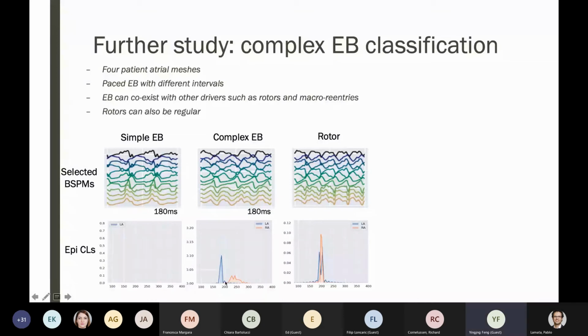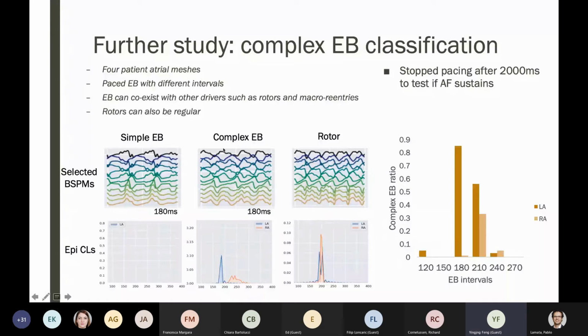Whereas for the complex one, there is a divergence between LA and RA. And for rotors, however, it can still have a concentrated distribution in the epicardial cycle length. And the electrogram also shows a reasonably periodic behavior.